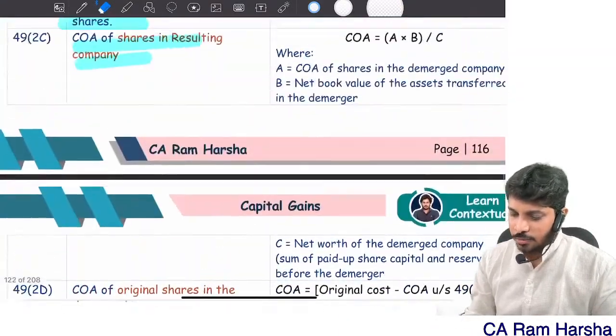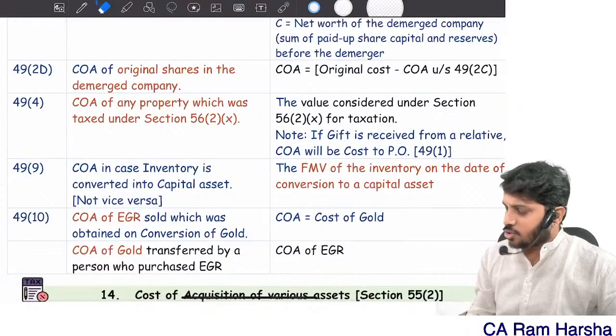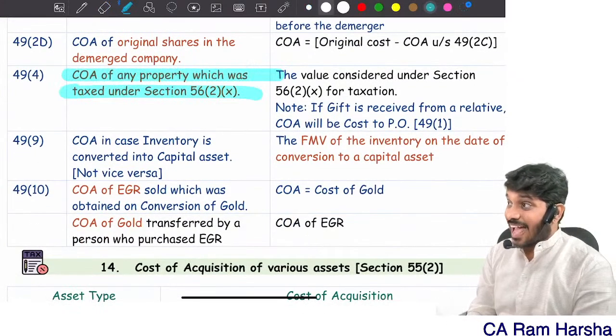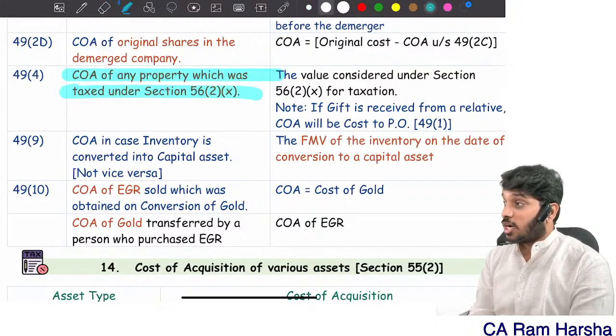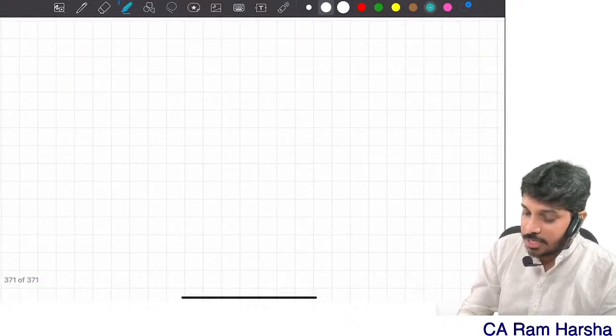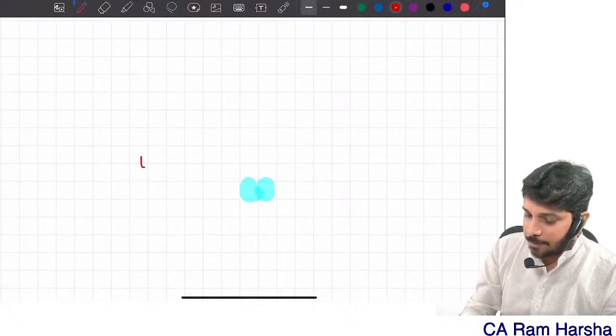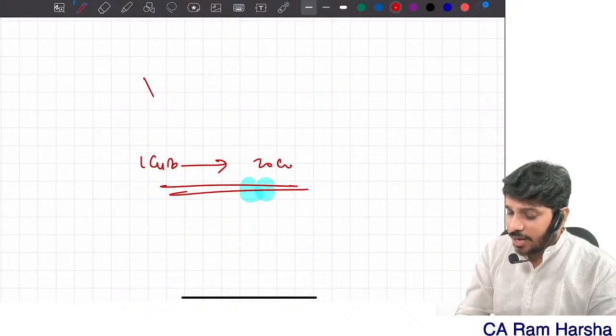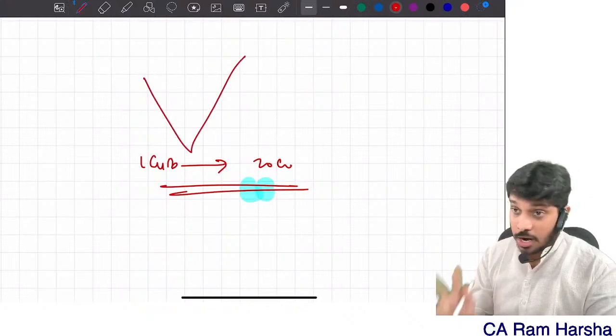Next, now coming to the cost of acquisition of property which is taxed under section 56(2). Very simple. Sir, I sold a land and building at 20 crore. How I got this land and building, there are two methods.